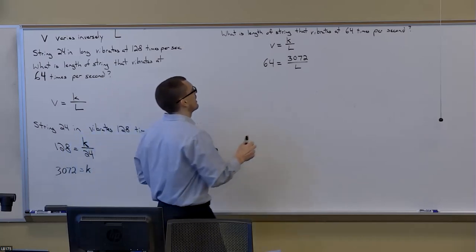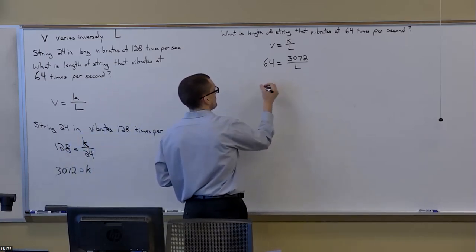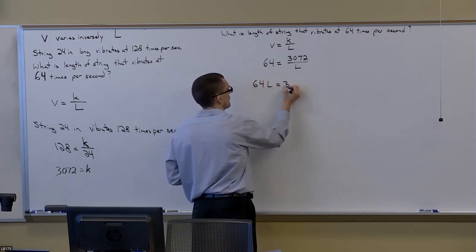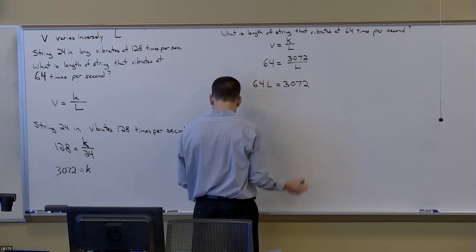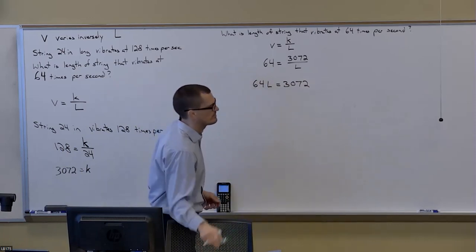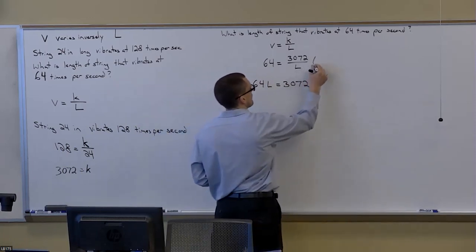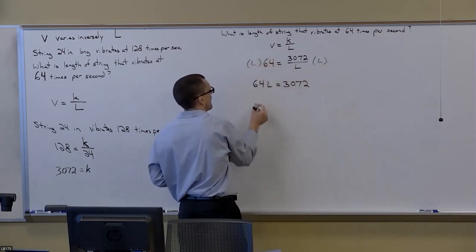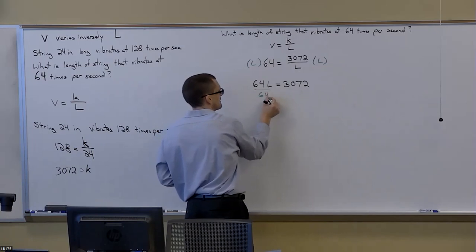Multiplying L on both sides would give me 64L equals 3072. And then divide both sides by 64.